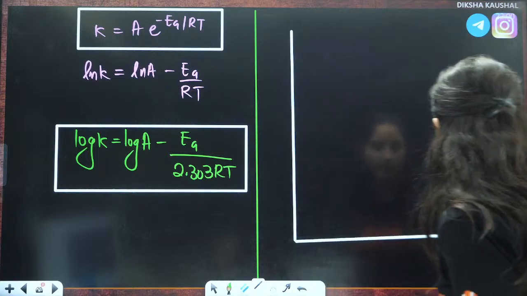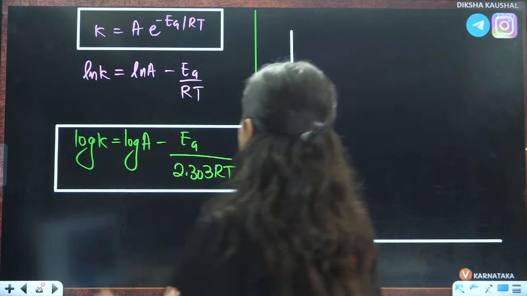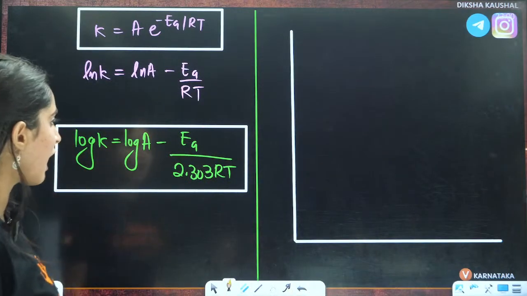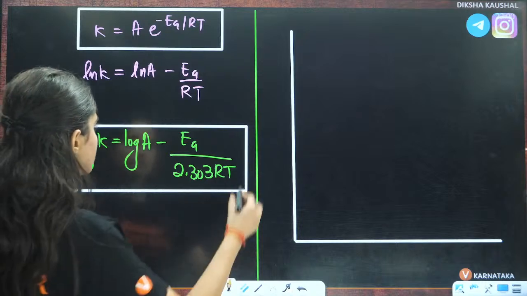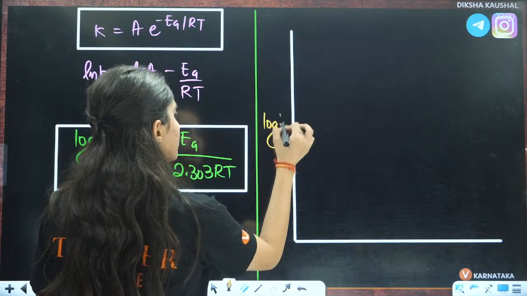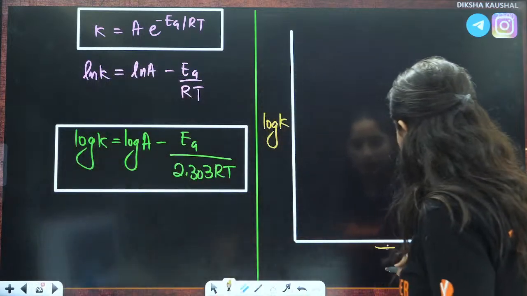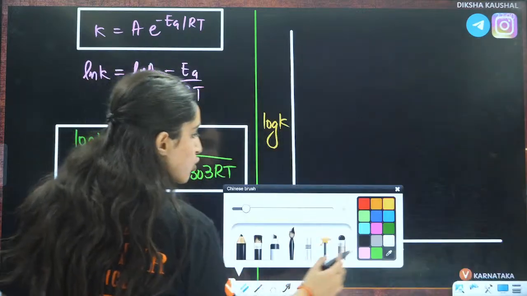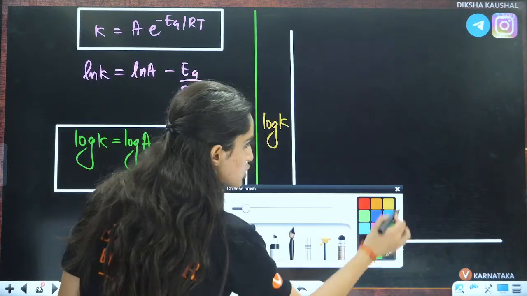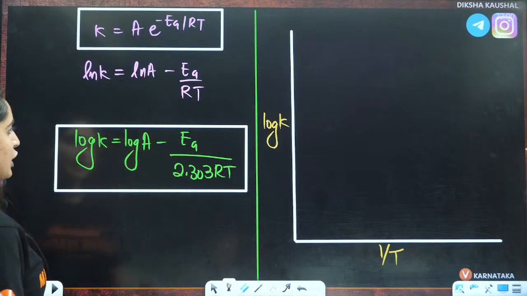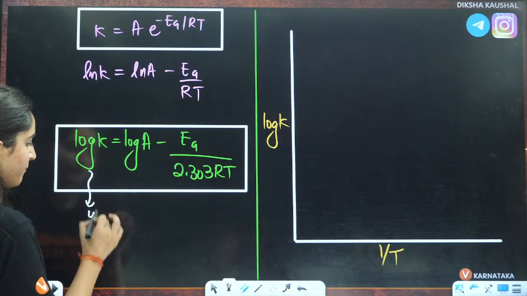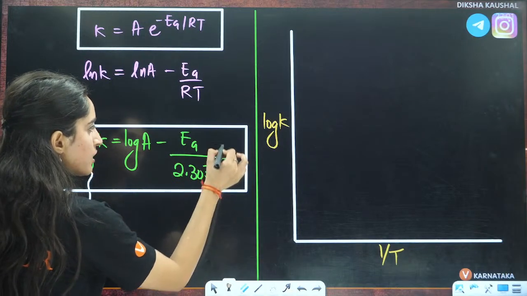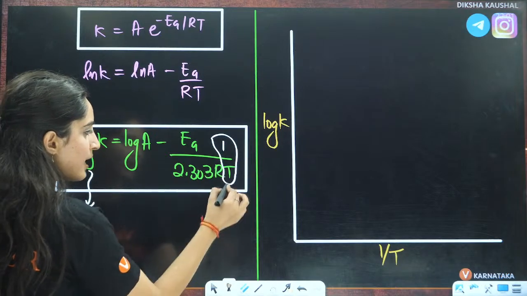The graph that they can ask you is, for example, draw a graph between log k and 1 by T. So what will you do? You will take log k as y, and 1 by T as x.